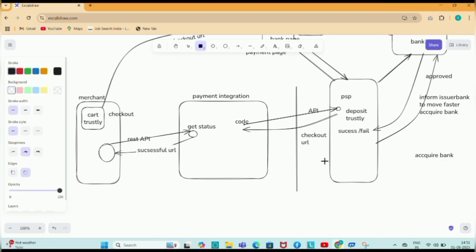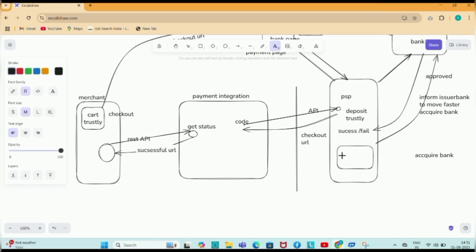So every PSP has an acquirer bank account. This is a merchant account.